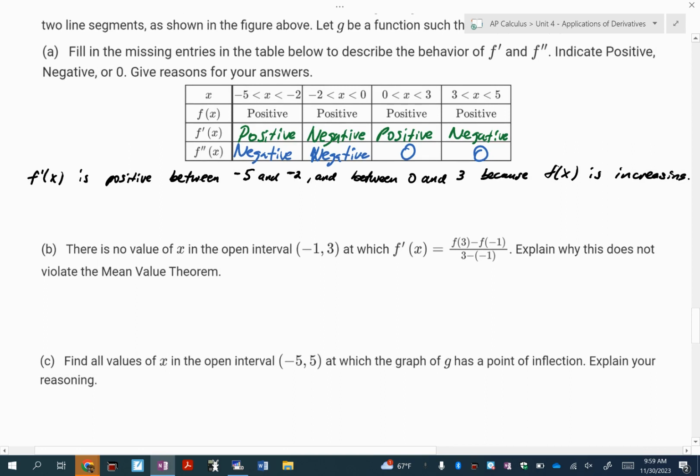So sorry, it's so small. All right, I'm going to do the same thing, but for the other two: -2 to 0 and 3 to 5, but I'm going to write that it's negative because f of x was decreasing.